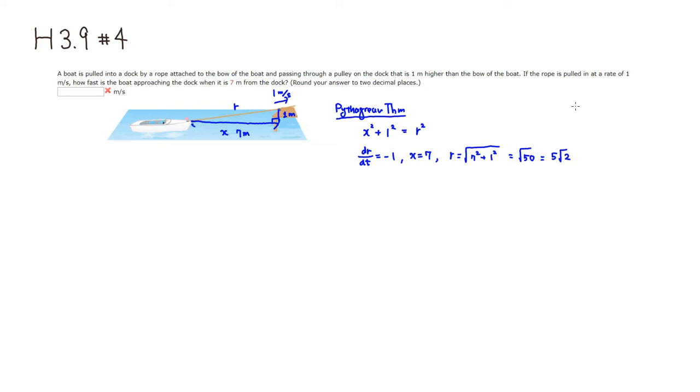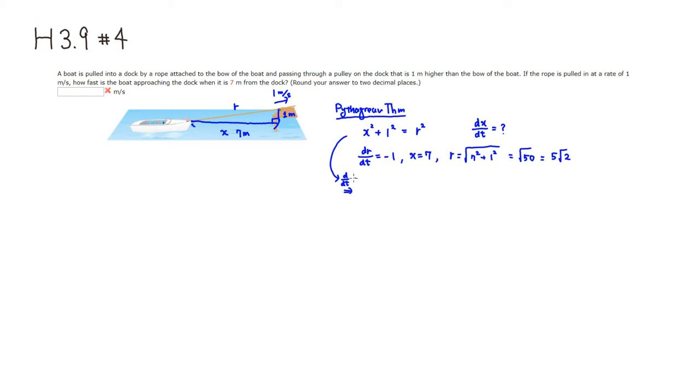Then what we're looking for is dx over dt. So we're going to go ahead and take the derivative of this equation with respect to t.